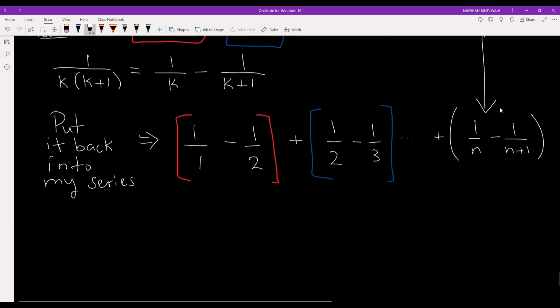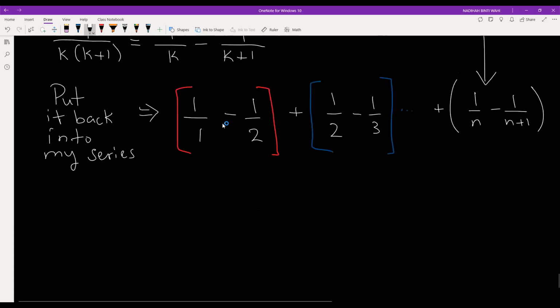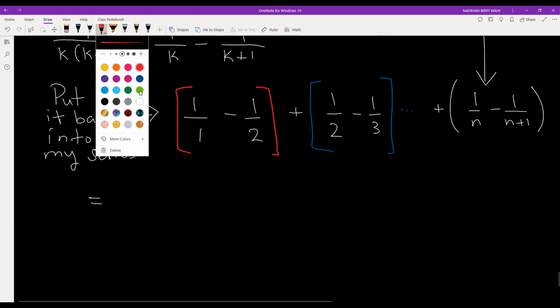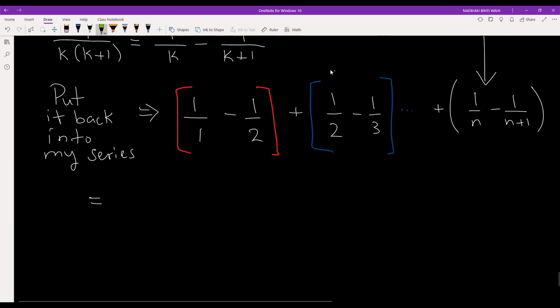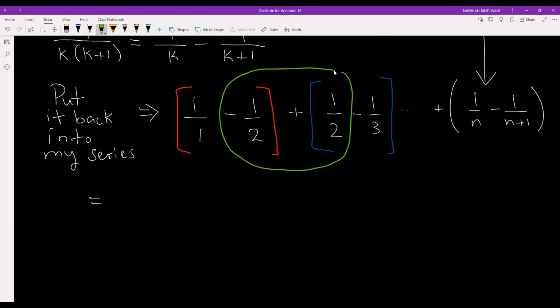Okay. So why do I do this? Because I want you to see something. Okay, let's look at this one. You can see that this one is minus and then plus.